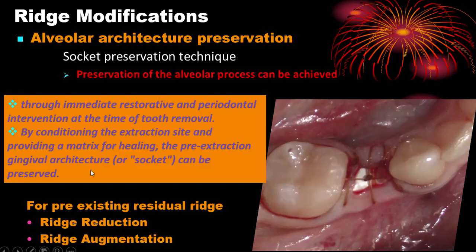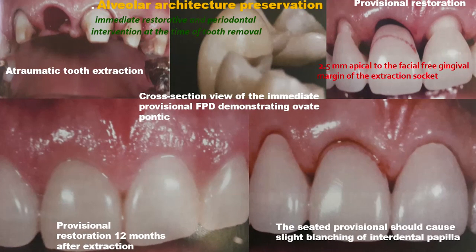We use a material to provide a matrix for healing. The pre-extraction gingival architecture can be preserved. As we see here, guided tissue healing.